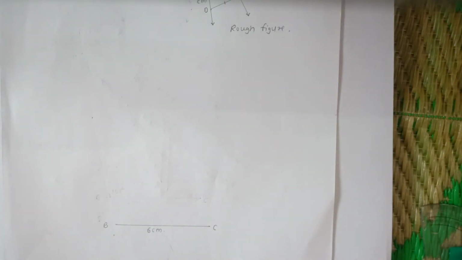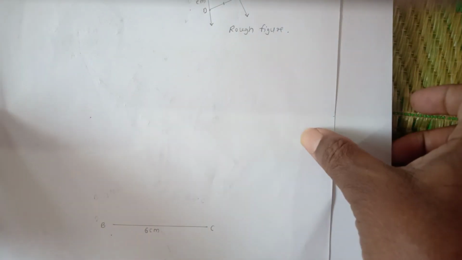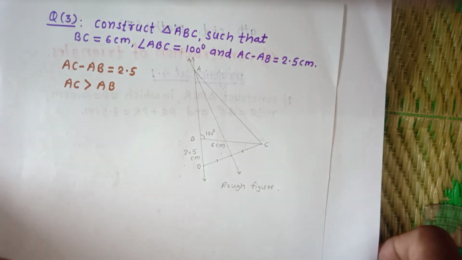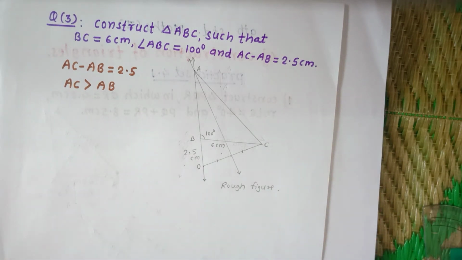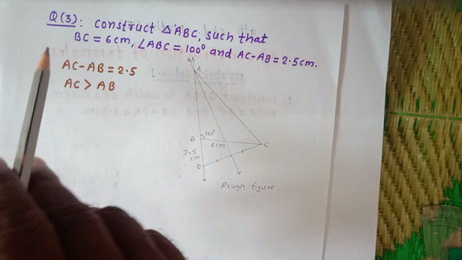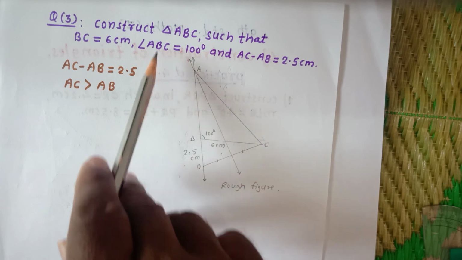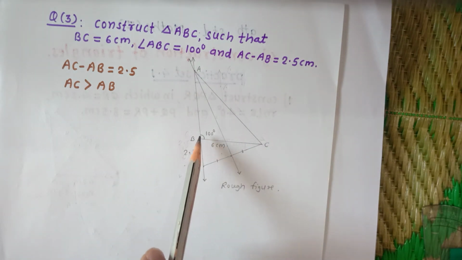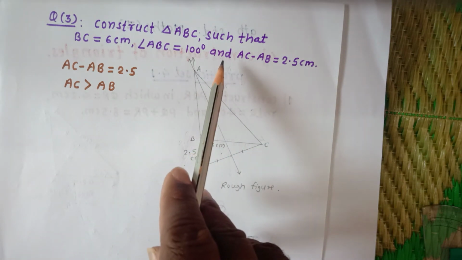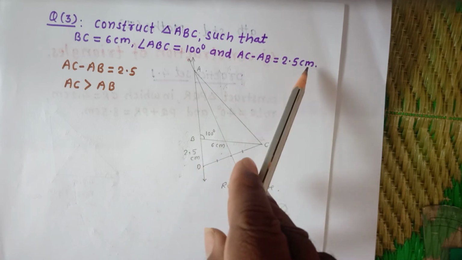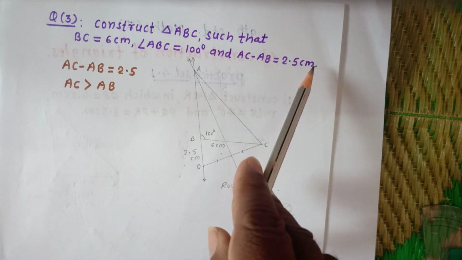Now let's solve example number 3. Construct triangle ABC such that BC is equal to 6 centimeter, angle ABC is 100 degrees, and AC minus AB is 2.5 centimeter.